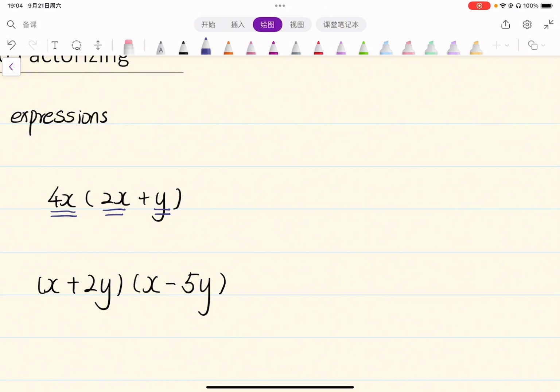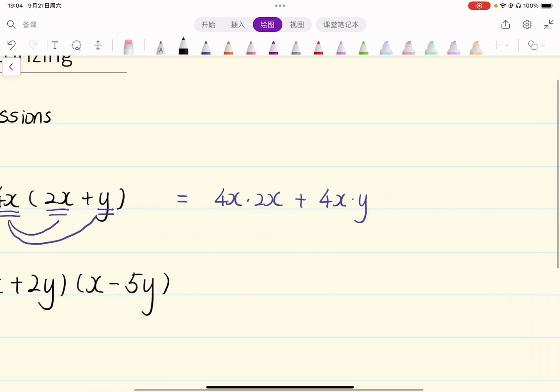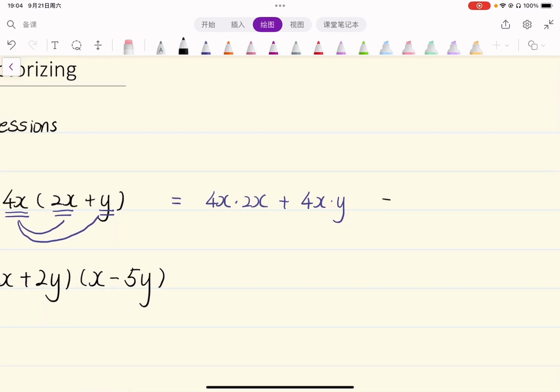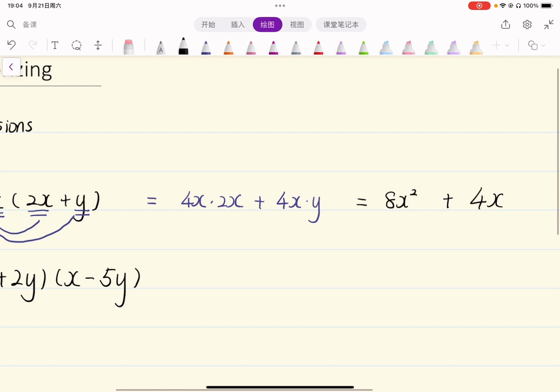So we multiply them, we get 4x times 2x, and also we have 4x times y. So we get the answer that is 8x squared plus 4xy, right?